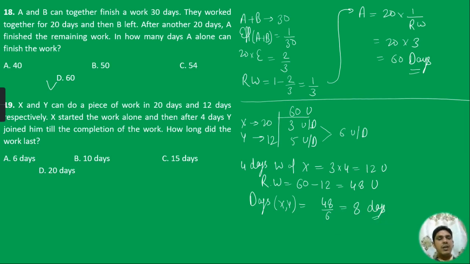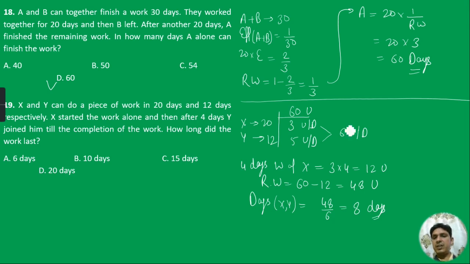But students, the question is asking how long the work lasted. So the remaining work gets completed in some days, but for the first 4 days work has also been done. Just a minute.